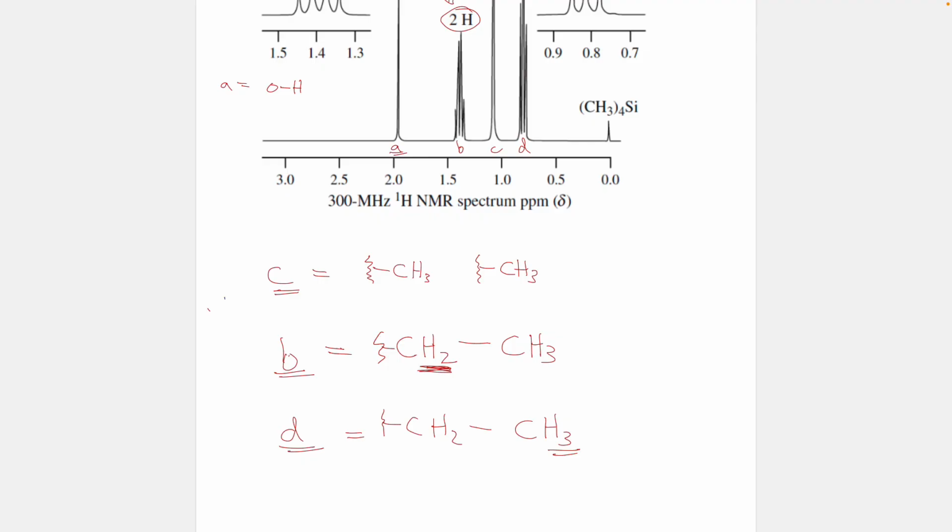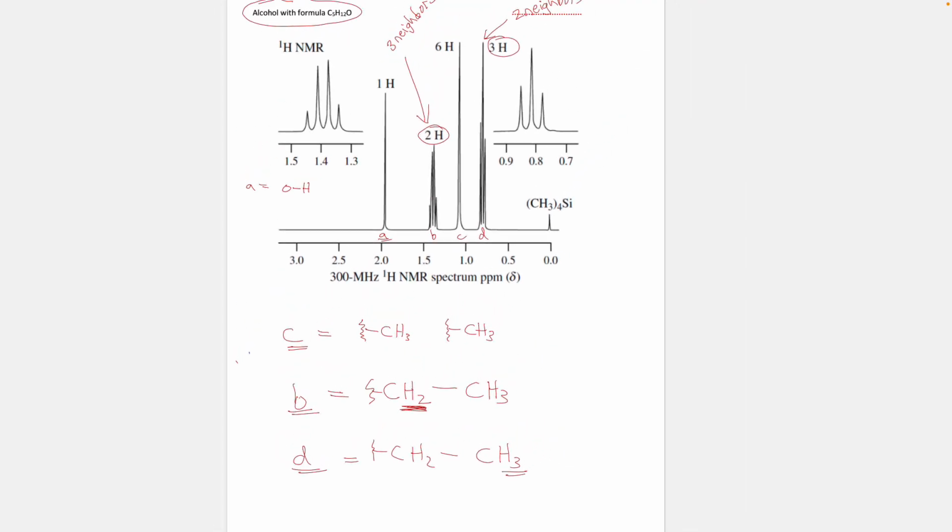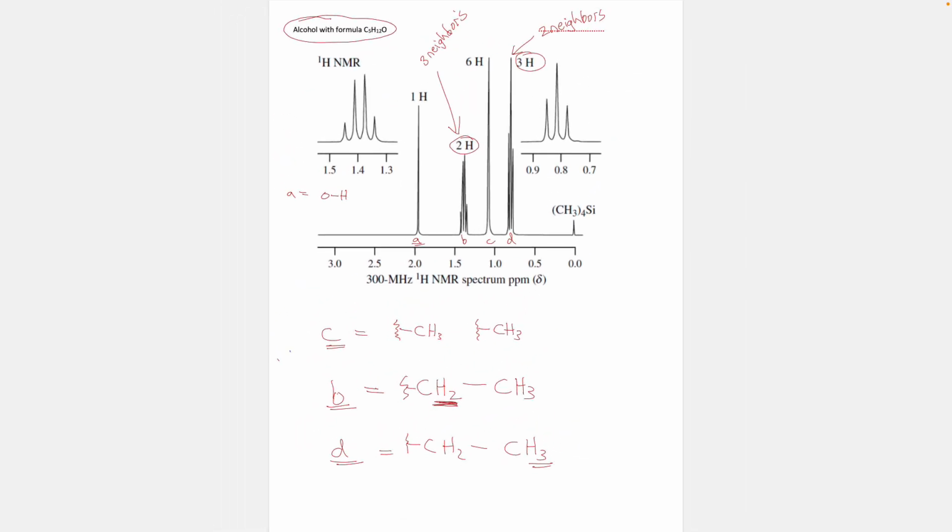And so what you're seeing here is a really classic pattern, and you'll see these as you look at NMR spectra: a classic pattern for an ethyl group, a CH2 and CH3 that are next to each other. If you come to lab tomorrow and work on these problems, you'll see this at least 2 more times.